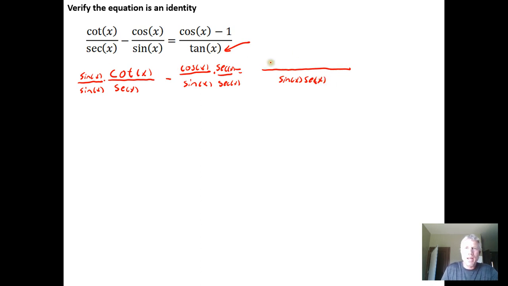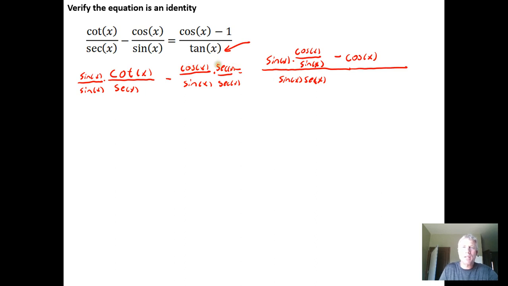And my numerator, I have sine times cotangent, sine x times cotangent. But cotangent can be written as cosine x over sine x minus, and our other term is going to be cosine times secant, cosine x times secant.